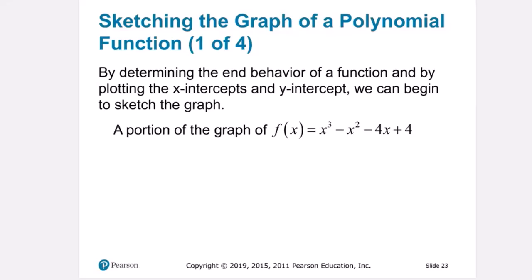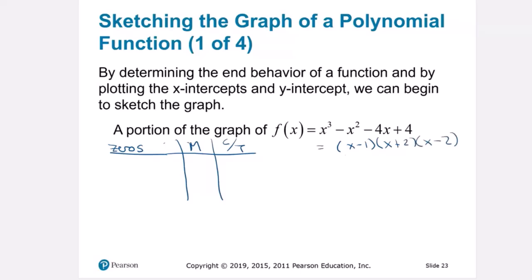Sketch the graph of a polynomial function. So by determining the end behavior of the function and by plotting the x-intercept and y-intercept, we begin to sketch the graph. Let's make a chart. This is my zeros, this is my multiplicity, and this is my cross-touch. This factors to x minus 1, x plus 2, x minus 2.